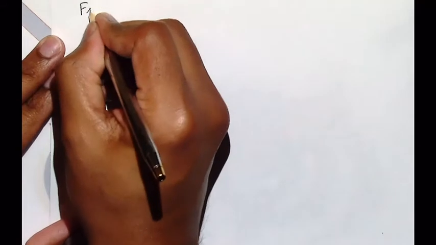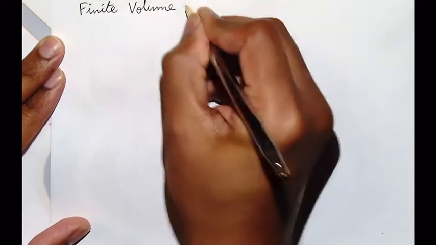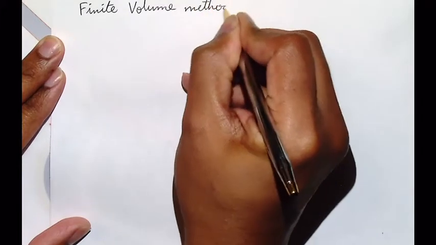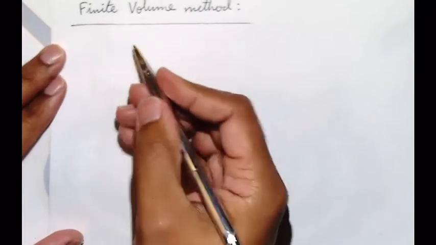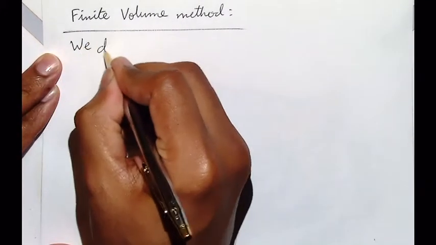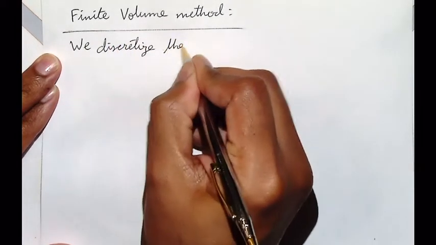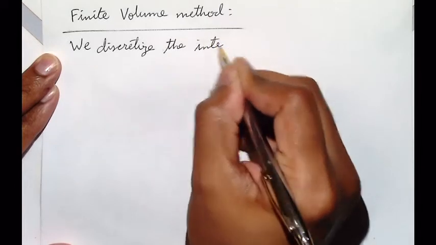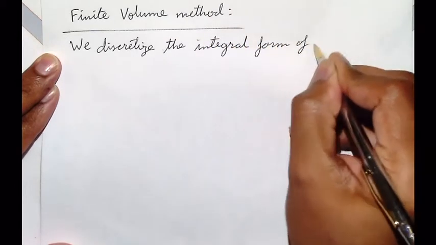All right, so let's see. Finite volume methods. The main feature of finite volume methods is that we discretize the integral form of the conservation laws.